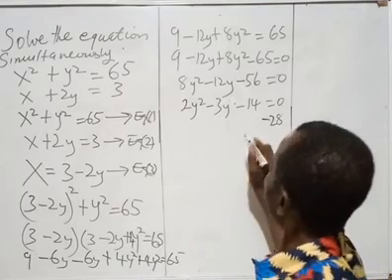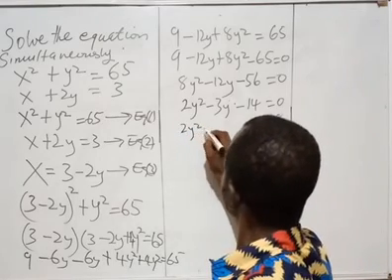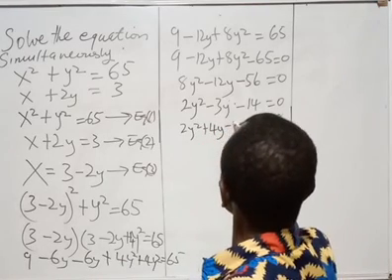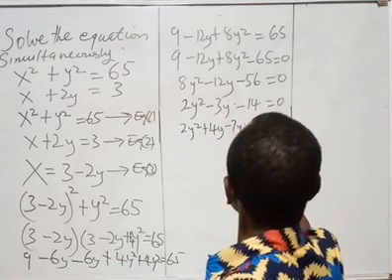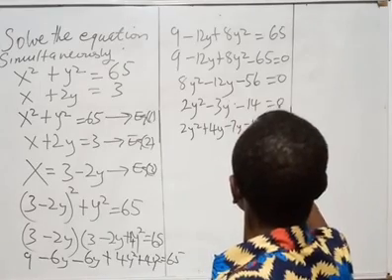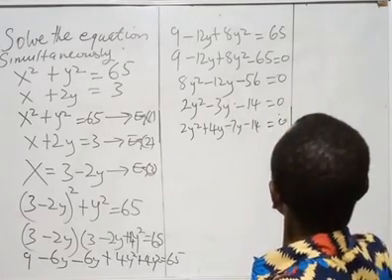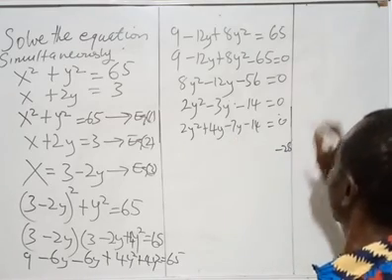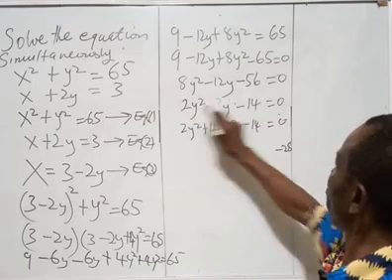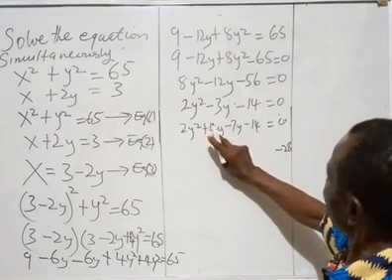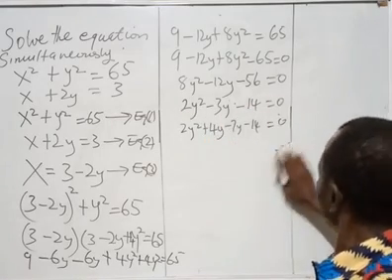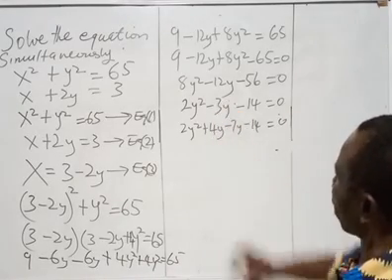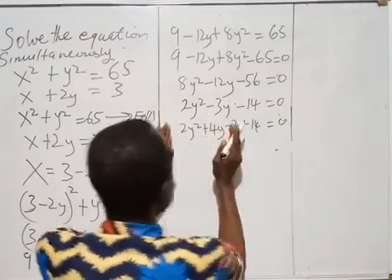I know that 2y squared plus 4y minus 7y minus 14 equals 0 works, because 4 times minus 7 gives me minus 28. So I have got the factors so that I can now manipulate it and get my minus 3y.